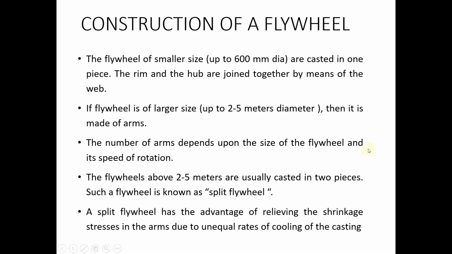Two castings won't be cooling at similar rates, so the stresses that are built in the material will also be different. So there won't be any stress concentration, and thereby the failure of the metal does not occur. So the split flywheel has the advantage of relieving the shrinkage stresses.